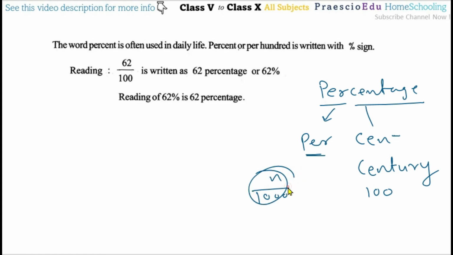So I will convert this in terms of hundred. So I will divide this one and this one also by 100. Then I will get it in terms of 100, so that I will say this is per 100 or per century.